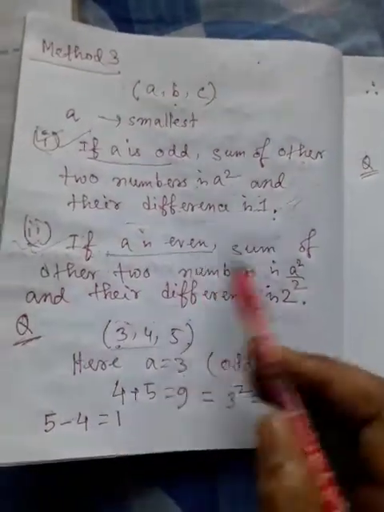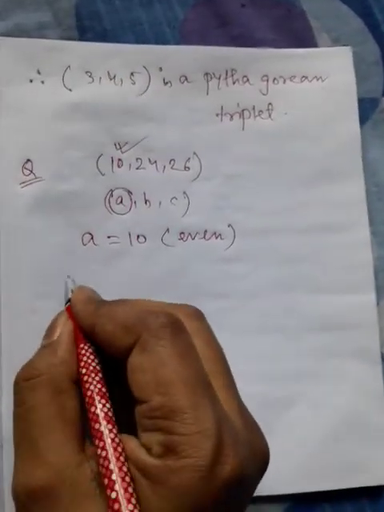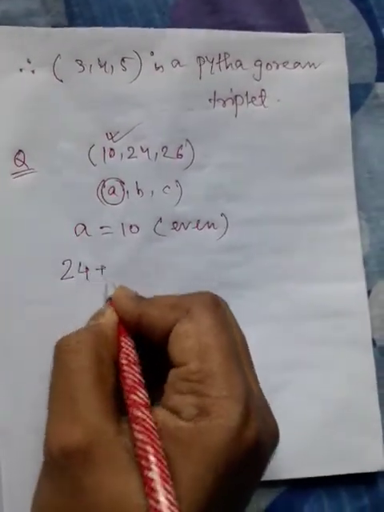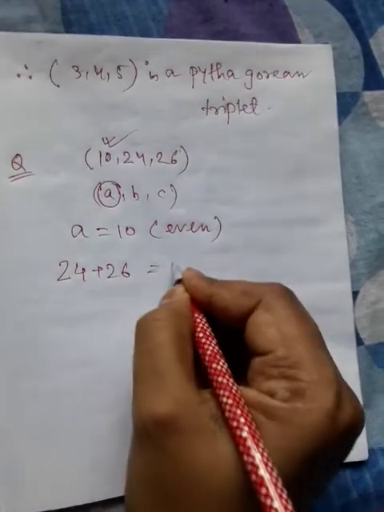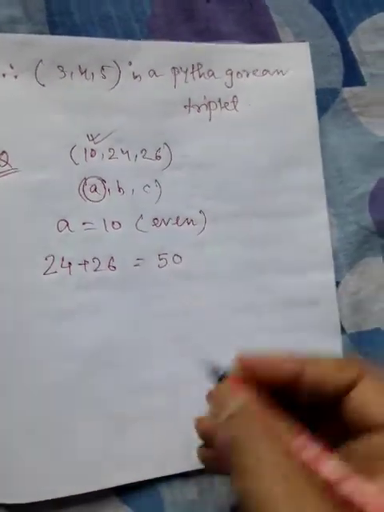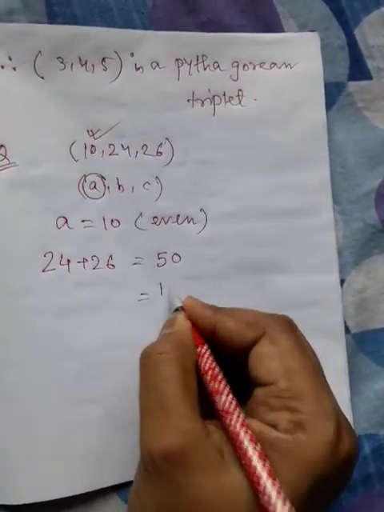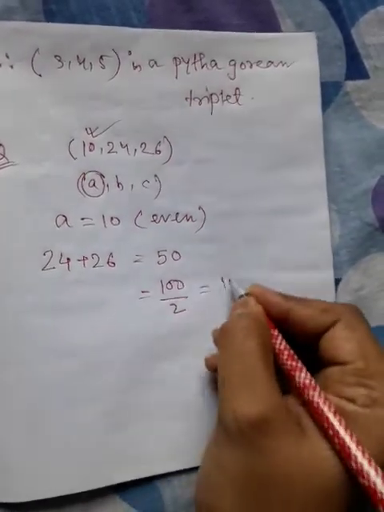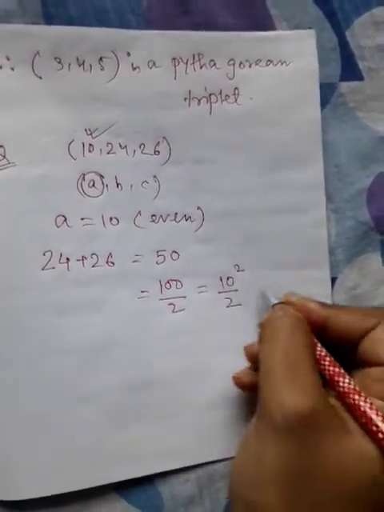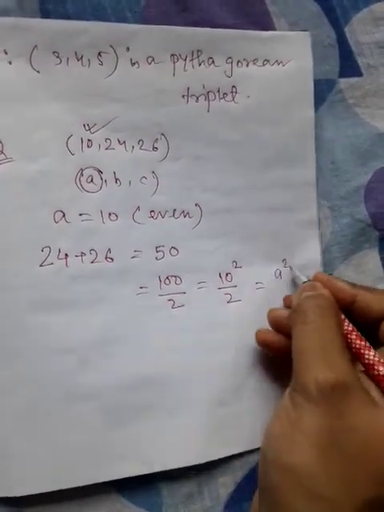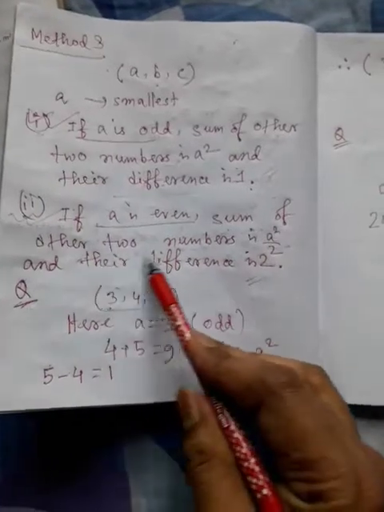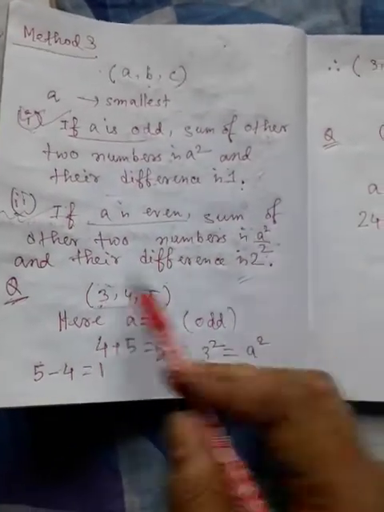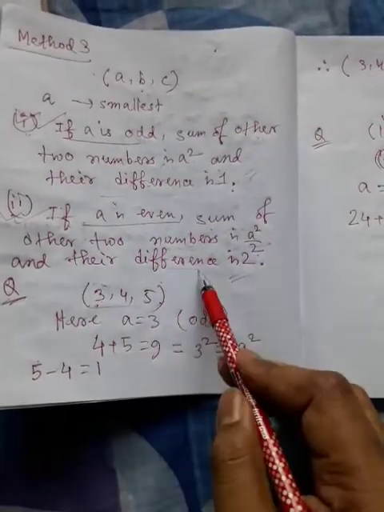If A is even, the sum of other two numbers is A square by 2. The sum of the other two numbers, 24 plus 26, is equal to 50. 50 we can write as 100 divided by 2, that is 10 square divided by 2, of the form A square divided by 2. So the sum of other two numbers is A square by 2. Now we check their difference, which should be 2.